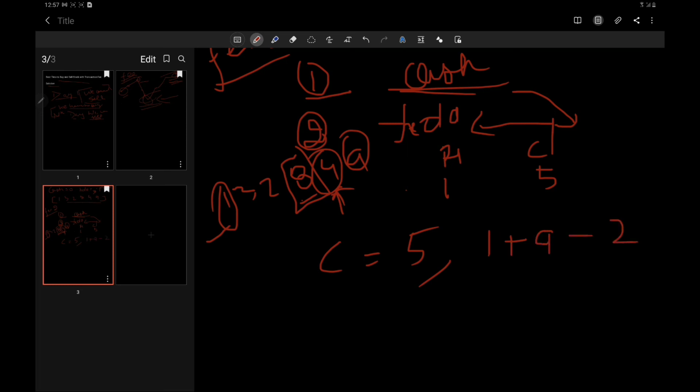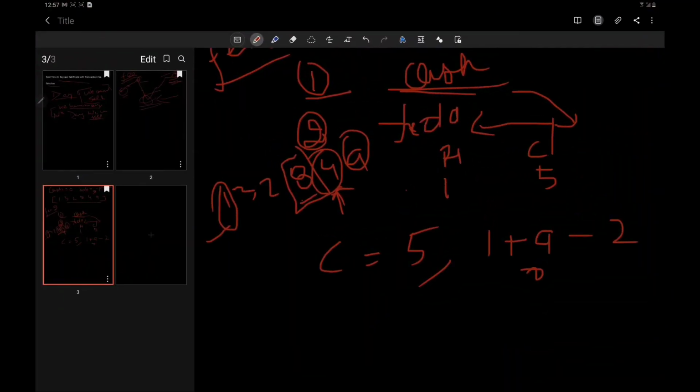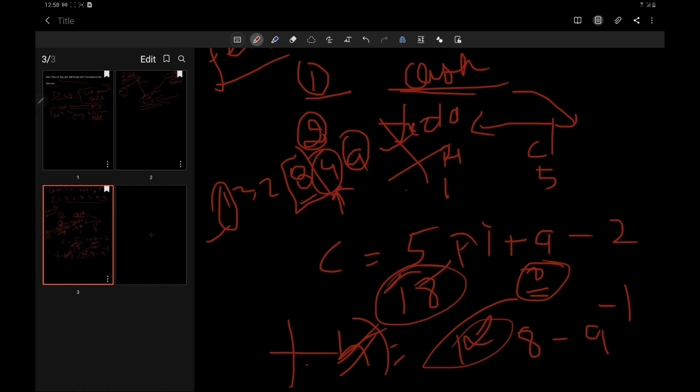So 10 minus 2 is 8. The cash is now 8. We perform a transaction, so it would be 8, and the hold value would be either 1 or 8 minus 9, that is minus 1. So we stick to that value for hold, but we don't have anything further, so we won't consider hold for now, and the cash value will be our final answer.